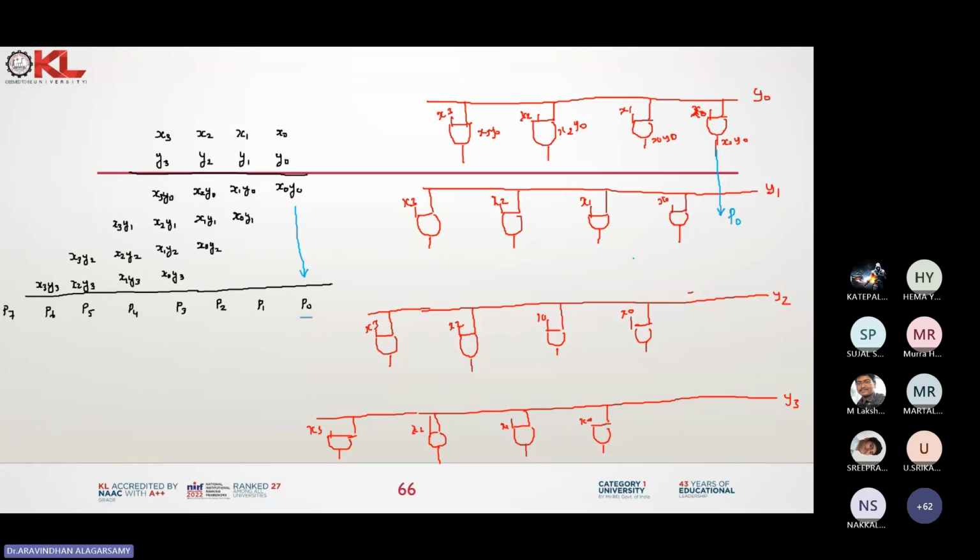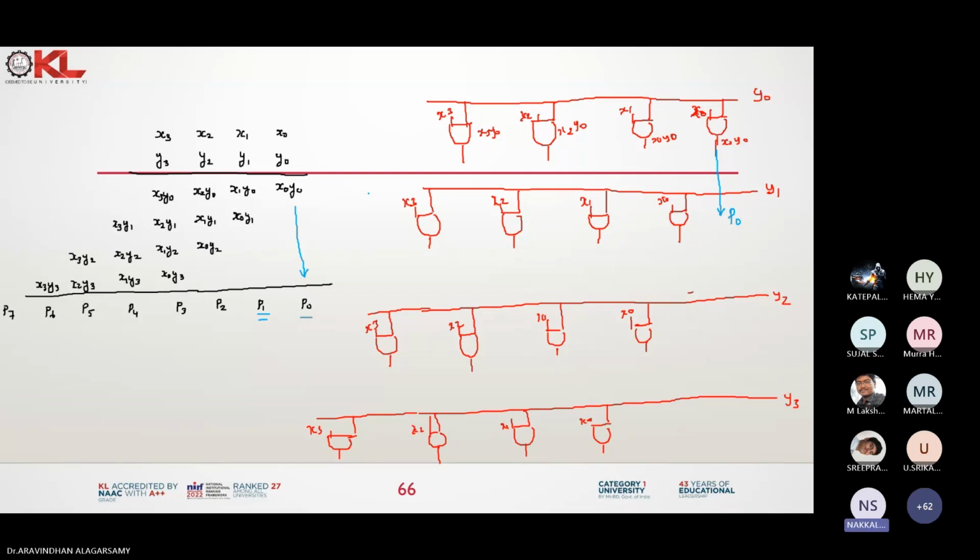Okay. So what is the next one? To get P1 what should I do? X1 Y0 and X0 Y1, the AND operation of both.